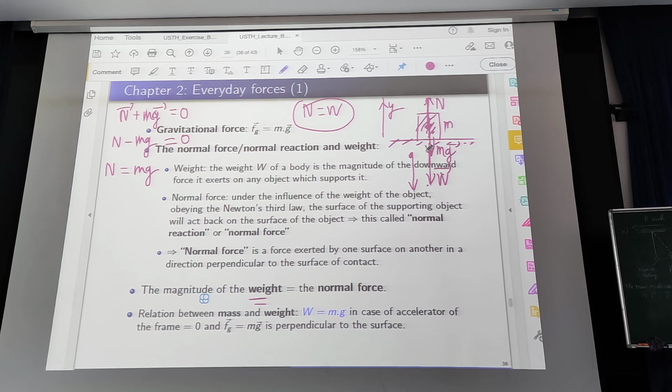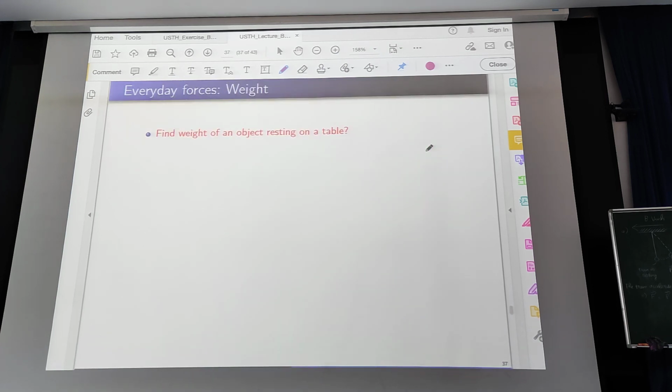How about the other case? So weight equals mg, resting on the table. There are two cases. The first case is the table is horizontal. The table is horizontal. Okay, the weight equals mg.